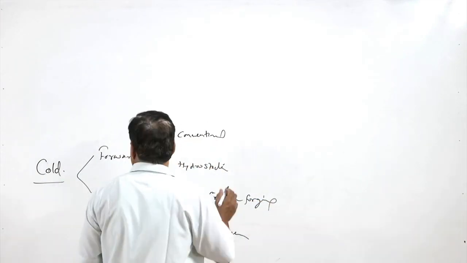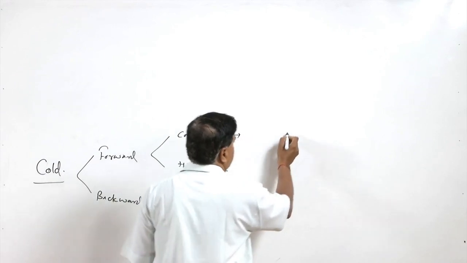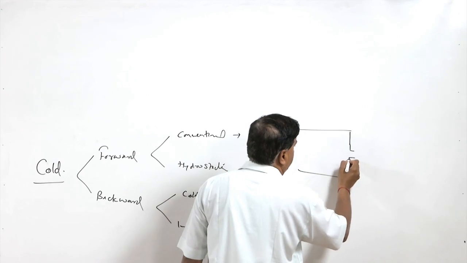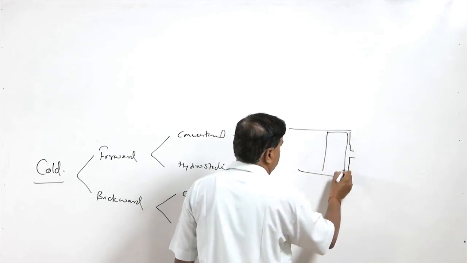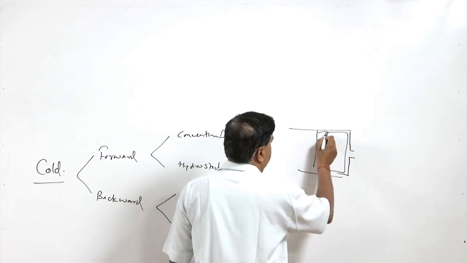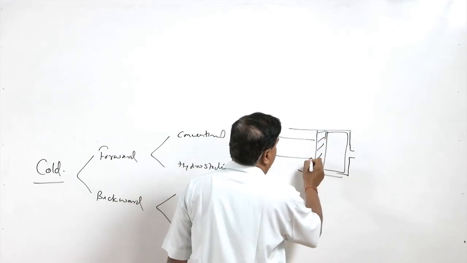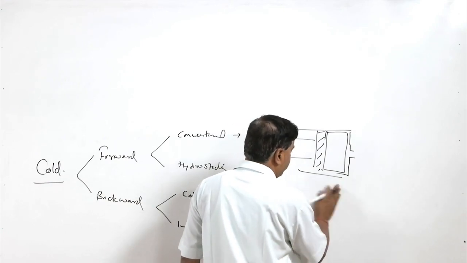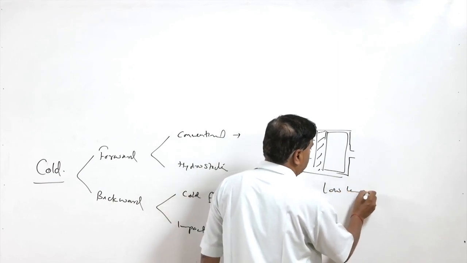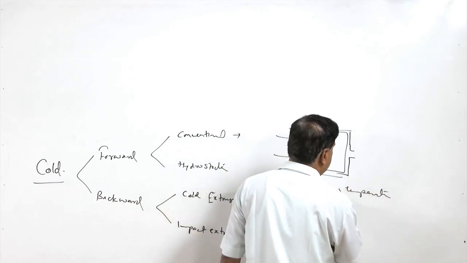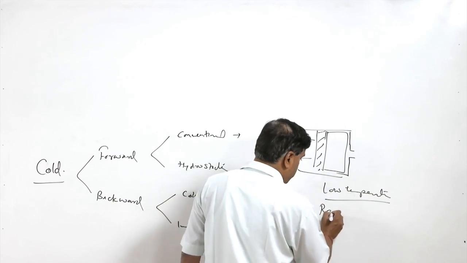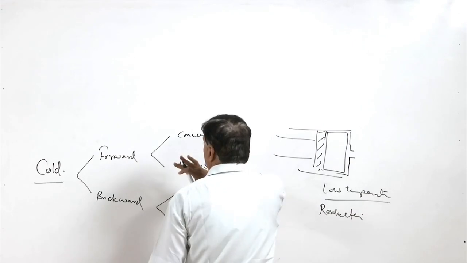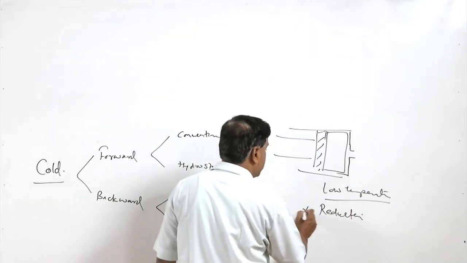So, the conventional forward extrusion is the same as what I have already talked about. This is the die with the opening, and this is the billet, and here we have the dummy block, and this is the ram. The pressure is applied. Since this is carried out under low temperature conditions, the reduction achieved in cold forward extrusion is less.